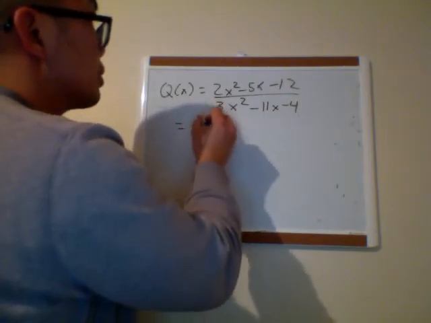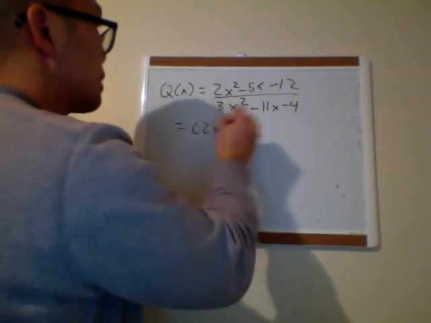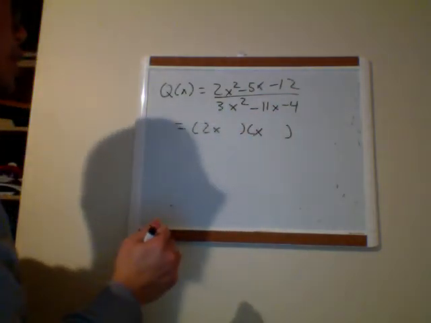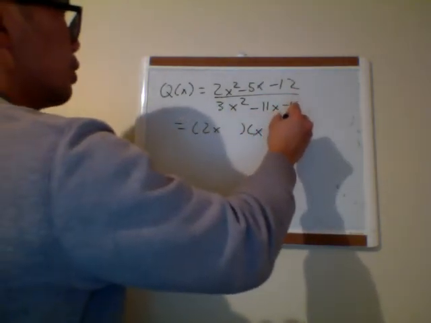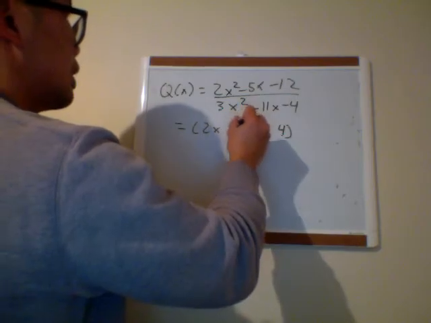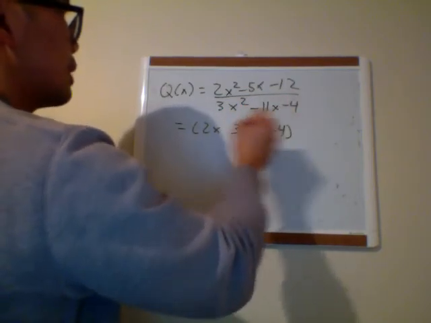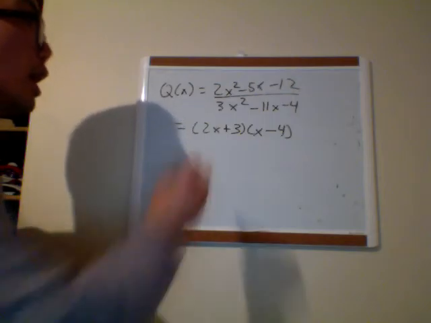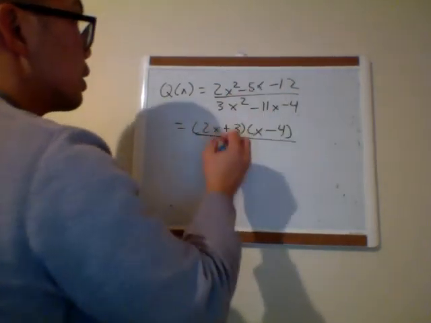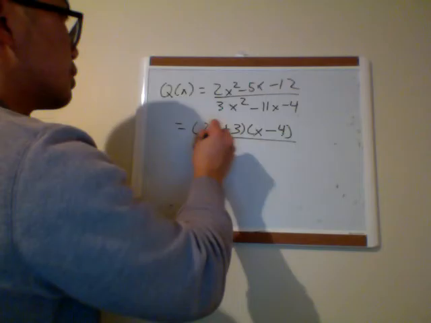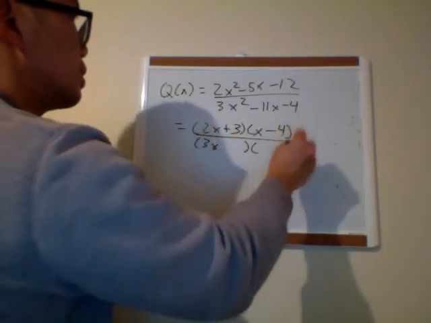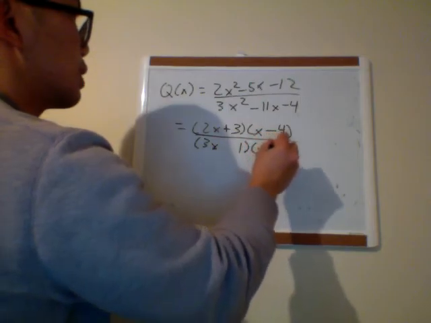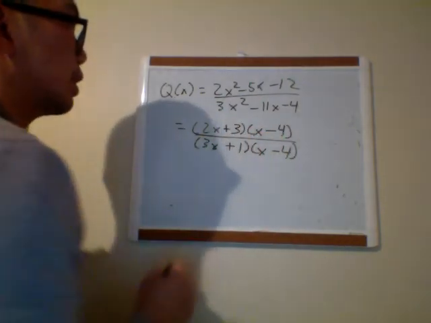This is equal to 2x, x, and then if I look at this, this should be 4 and 3 with the minus here and the plus there. Okay. And then the bottom factors to a 3x, x, a 4, and a 1, with a minus there and a plus there.